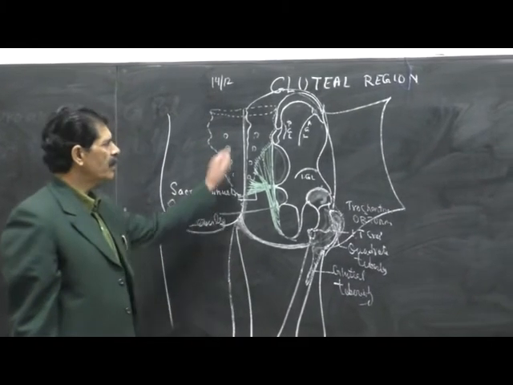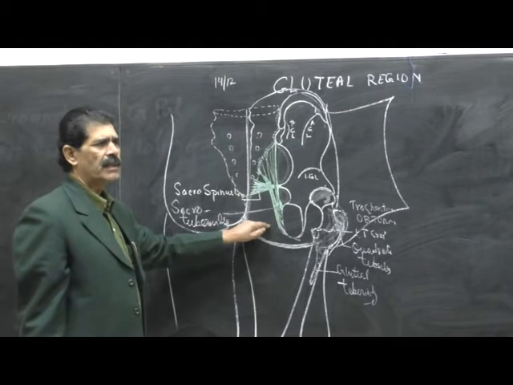Now when we remove this gluteal fascia from here, then we see below is the muscles.